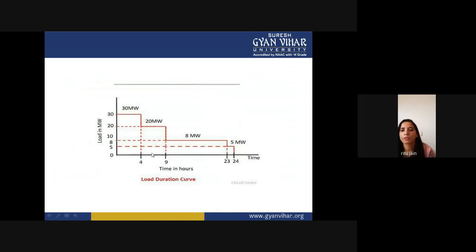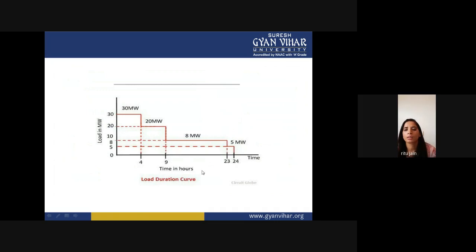In another load duration curve, you can see that for 4 hours the load is 30 megawatt. You can see that we are arranging the load in descending order. In descending order, we are taking first 30 megawatt, then 20 megawatt, then 8 megawatt, then 5 megawatt.